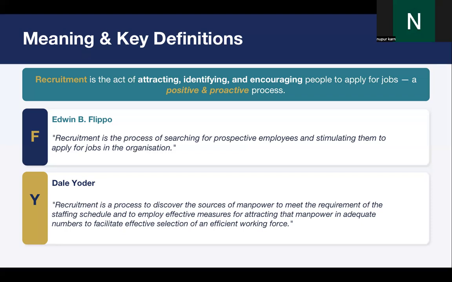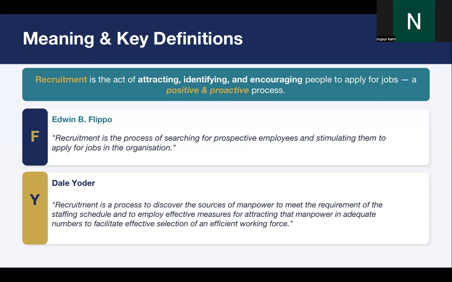Now we will come to the Yoder definition. His definition is longer, more operational. Recruitment is a process to discover the sources of manpower, to meet the requirement of the staffing schedule, and to employ effective measures for attracting that manpower in adequate numbers to facilitate effective selection of an efficient working force.